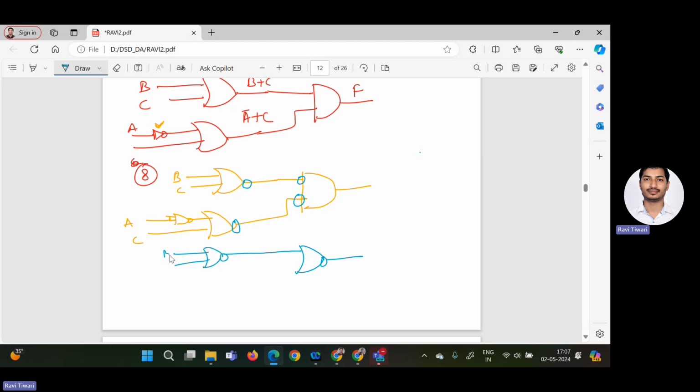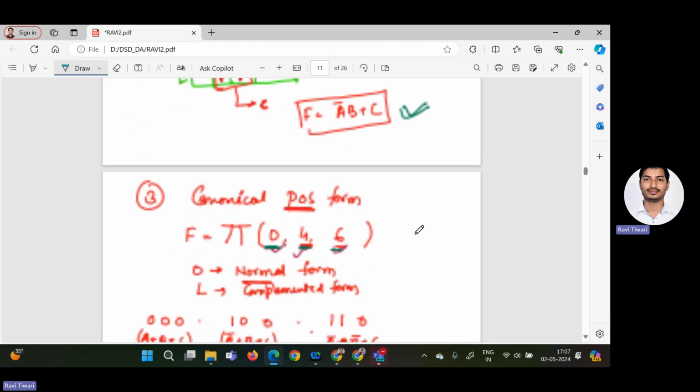This is B, C. What I did, I just converted the bubbled AND gate into a NOR gate, because a bubbled AND gate is equivalent to the NOR gate. So we have completed all the 8 parts in this question.